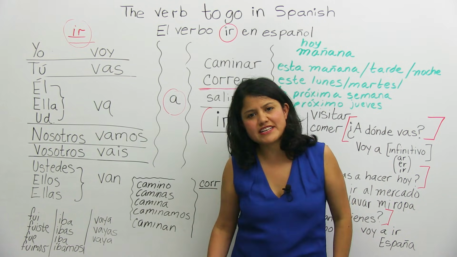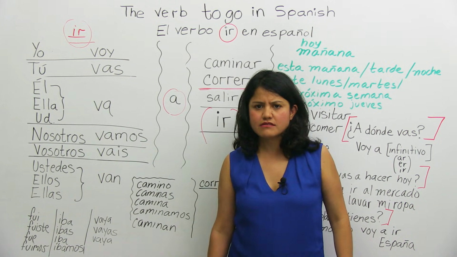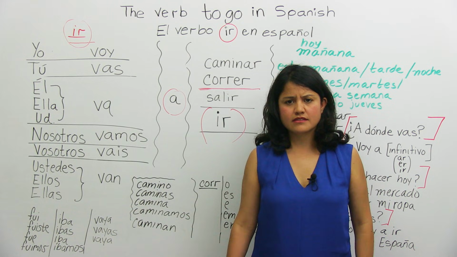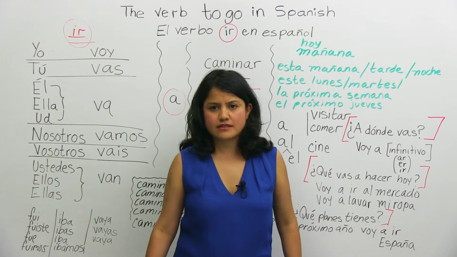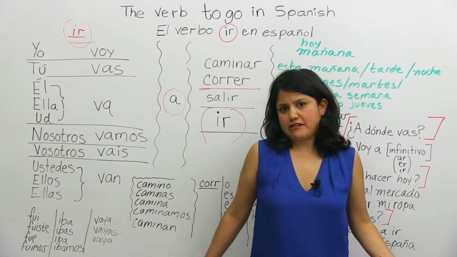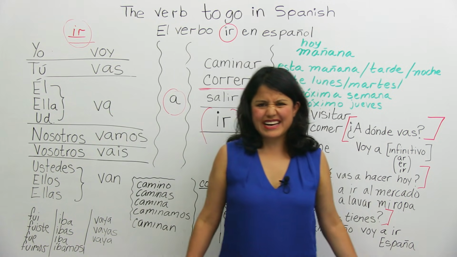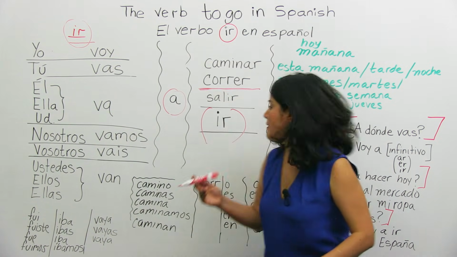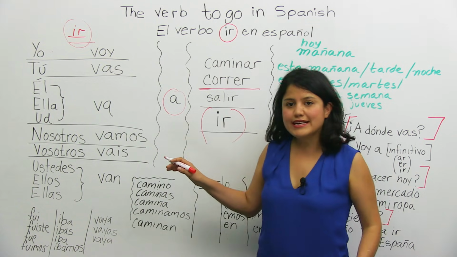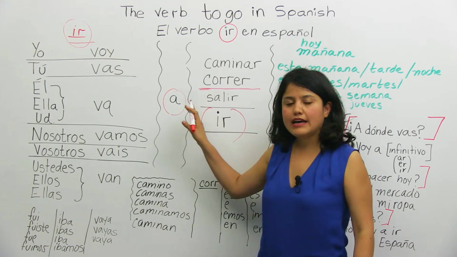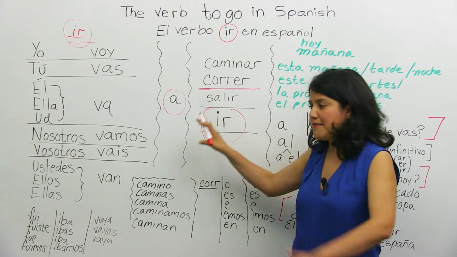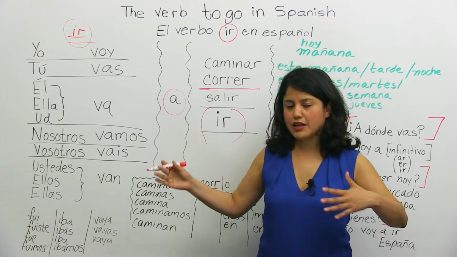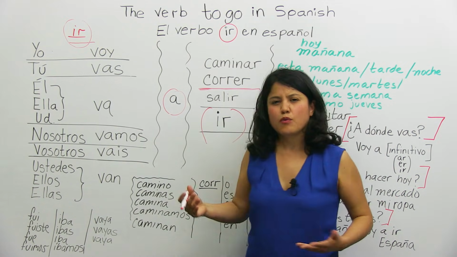Now, what's the difference if I say voy a cenar, voy a leer, or voy a ir a cenar, voy a ir a leer? What's the difference? I'm adding a verb there, I'm adding the infinitive ir in one example, and not adding it in the other. What's the difference?